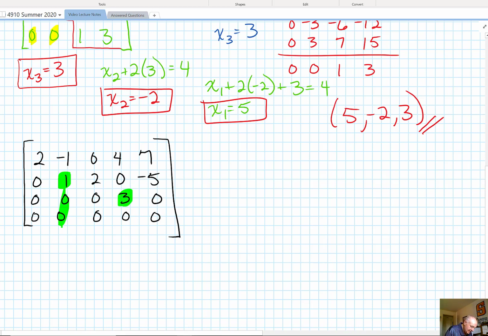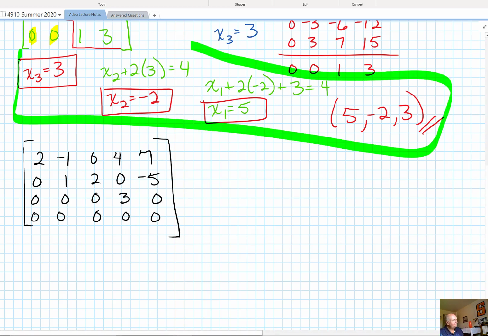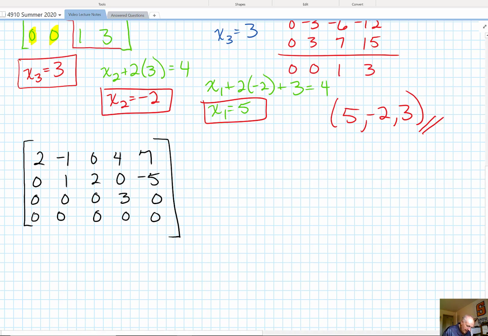The next row, here's our first. Notice we skipped, right? But over here is our first non-zero. Everything is 0 below. And so that's what it means to be in echelon form. All right. This little process right here is referred to as back substitution. I think we've mentioned that before. And that's how we get ultimately our solution.